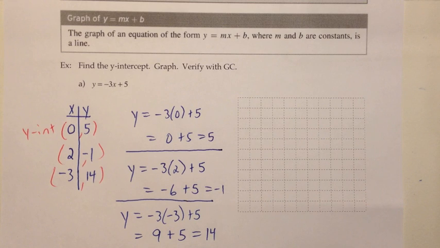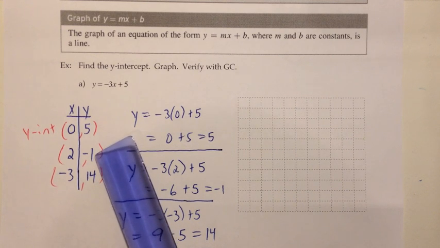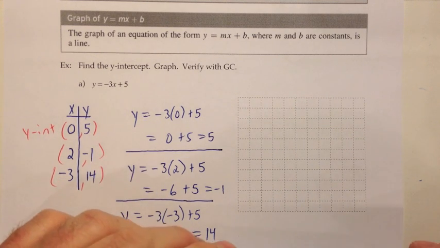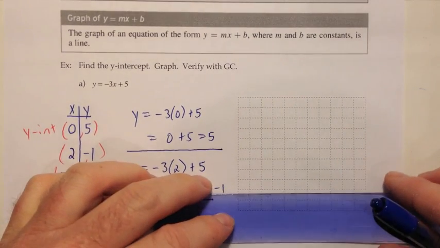Alright, so I do want to graph this, and to do that I'm going to have to think about scale. Since I have that number 14, I'm going to have to decide how to fit that in. That y value of 14 is big, and I have a negative 1 as my smallest y. So I don't have much to plot below the x-axis, but I have to go pretty high above.